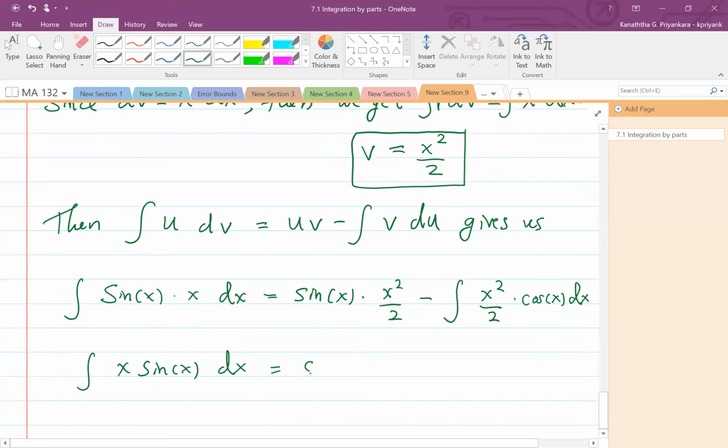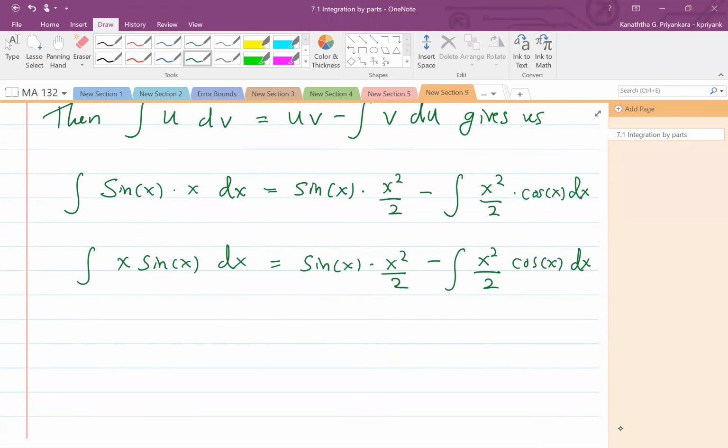So we have sine x times x squared over 2 minus the integral of x squared over 2 cosine x dx. So this is the one we get once we switch. So now we need to compute this integral. Remember, this is more complicated than the previous one.